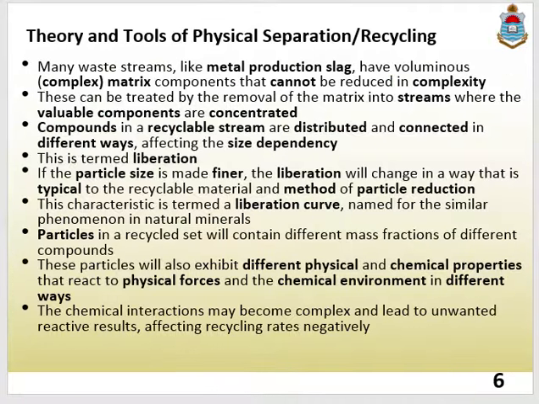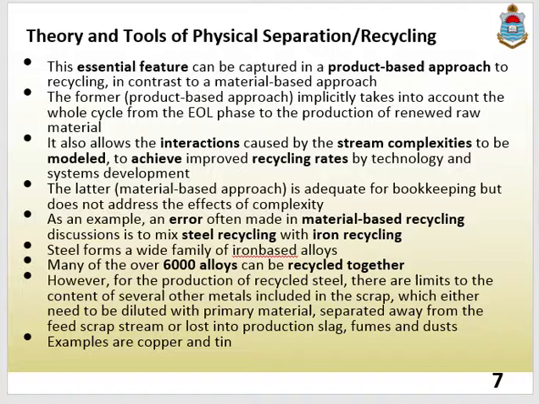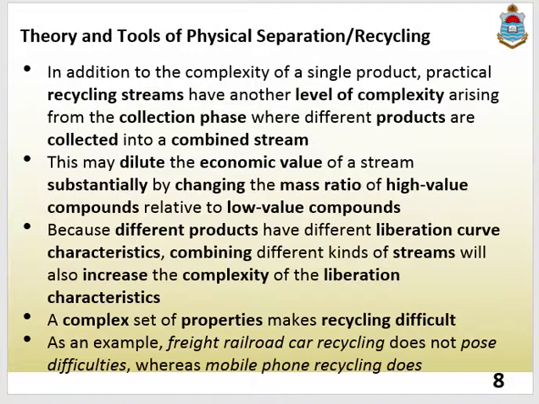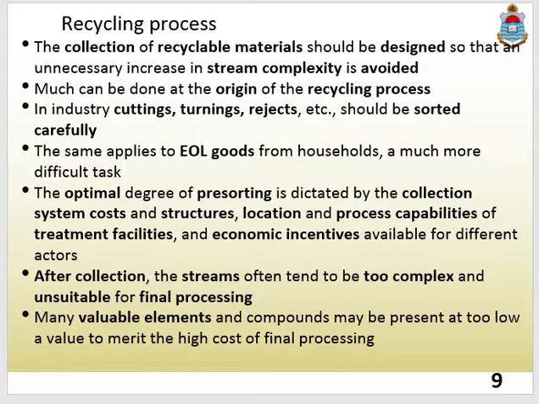And then we discussed that the chemical complexity normally does not reduce by the size reduction. And then we discussed that the design of the recycling process should be such that the complexity of the streams is not increased, it is kept as such, or reduced at best.